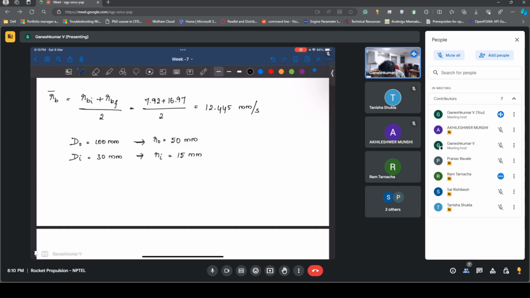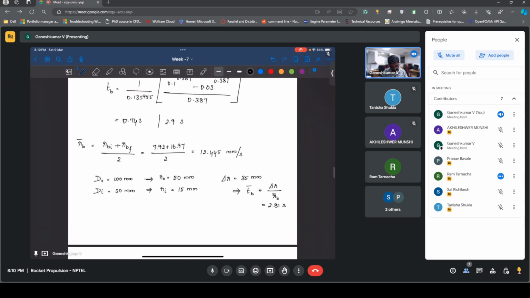So the total delta R it needs to travel is 35 mm. If I want to find the mean burning time, it is going to be delta R by this RB mean. If we do that, 35 divided by the answer, we are getting something like 2.81 seconds.